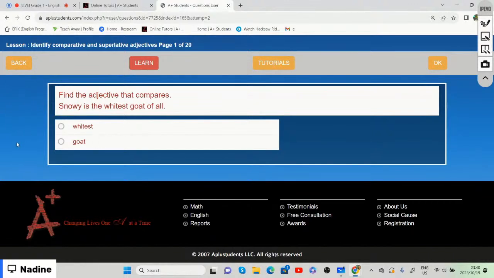We need to choose the adjective that compares. So Snowy is the whitest goat of all.